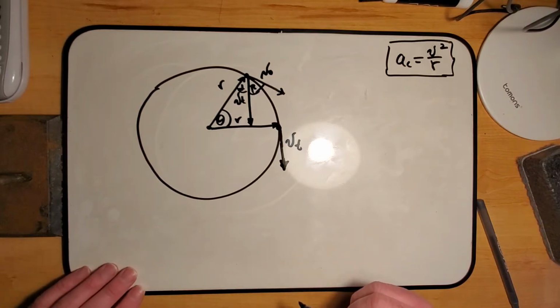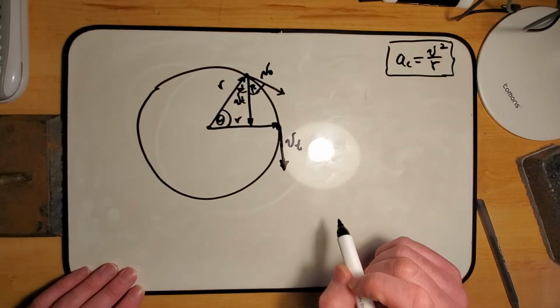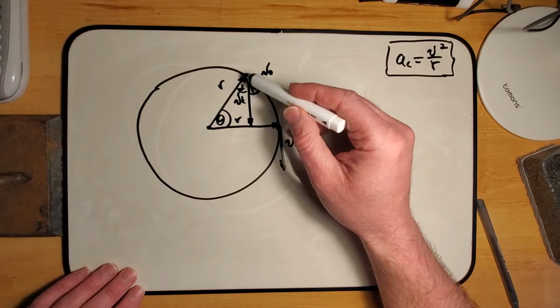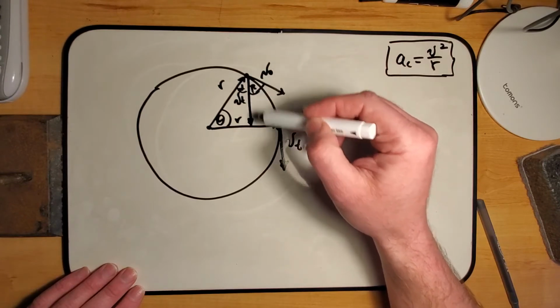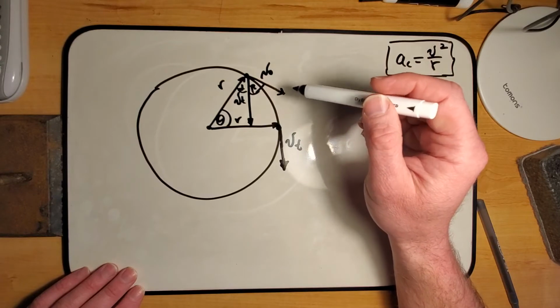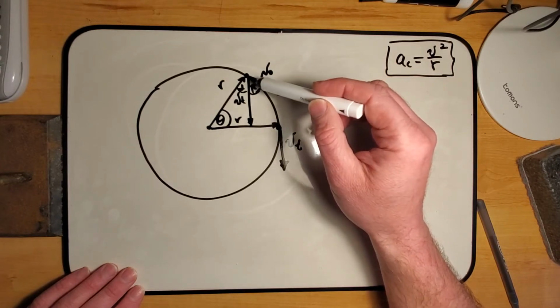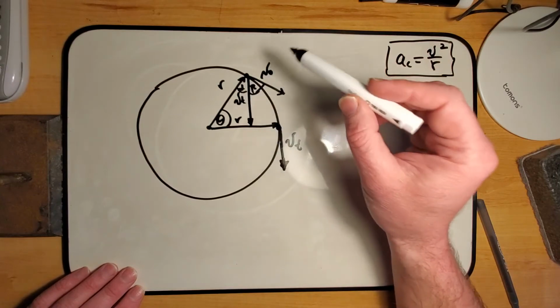But I would not suggest doing so, because it is very important to understand the derivation of the formulas in physics. Now, I've got these two angles here from the radius to this velocity v sub t, and also the angle between the two vectors, v sub t and v sub 0.